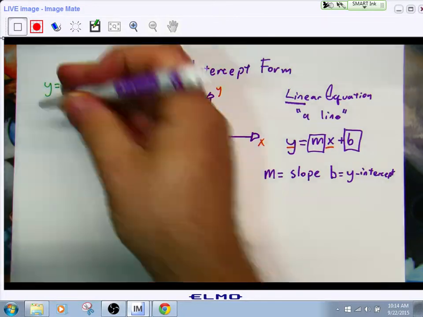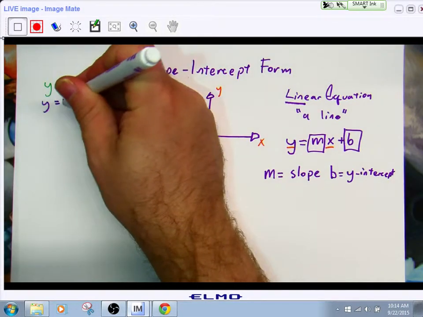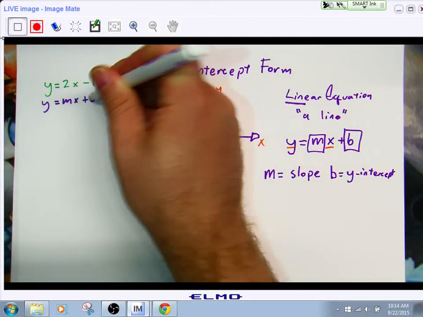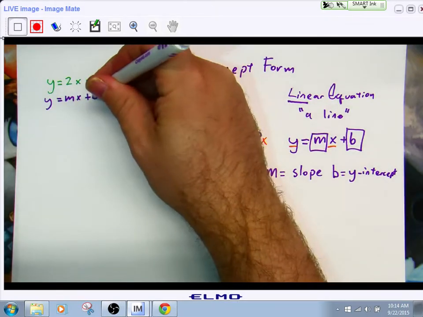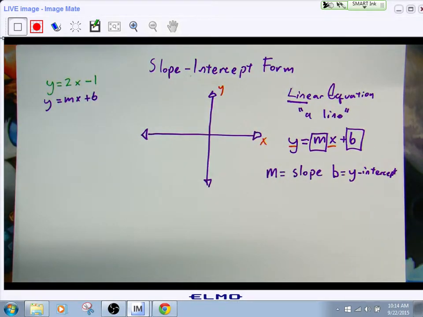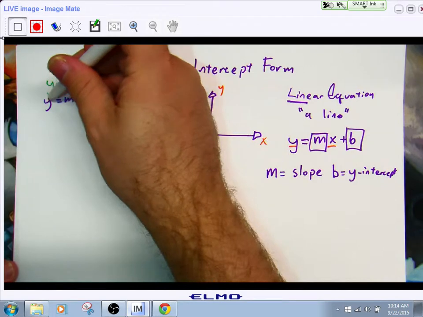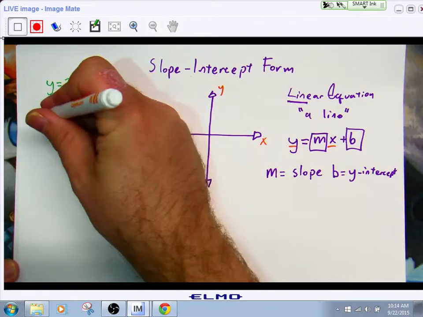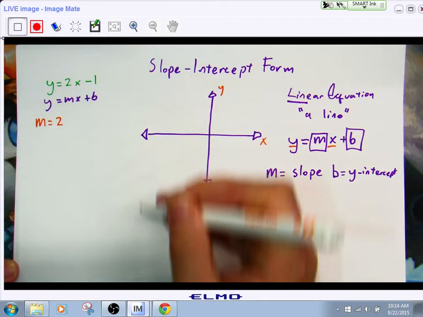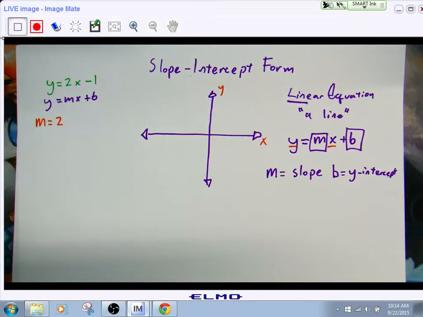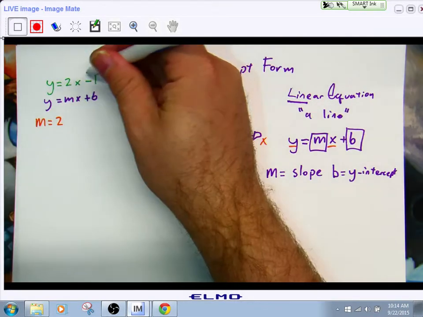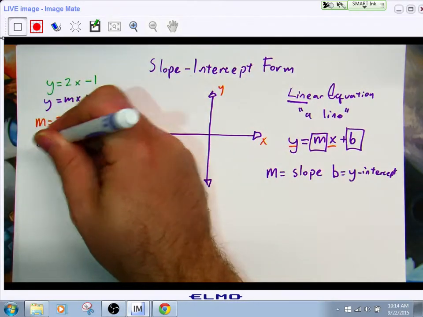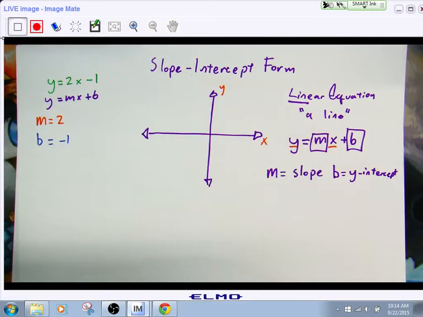Because when I see y equals mx plus b, certain things align. Y is y, but I look here and I see that my m is 2. And then I also look right here, and I see that my b is negative 1. And using this information will be enough for me to be able to graph it.